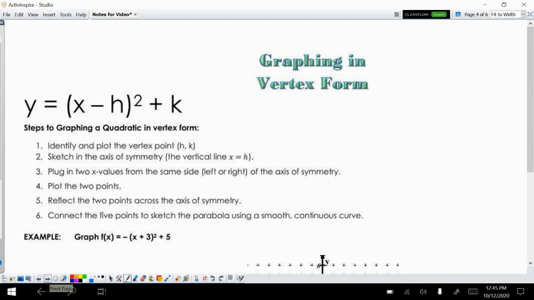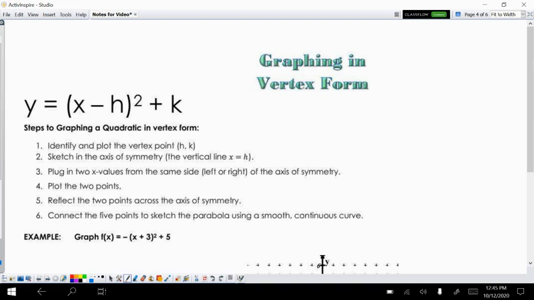So let's get into some graphing. We're going to graph each of the forms. And the first form is called vertex form, because we can actually see the vertex as we look at this form. So our steps for graphing are here. First, we're going to look at the form and state what the vertex is. And then we're going to sketch in what we call that axis of symmetry, that straight line that gives us 2 mirror images.